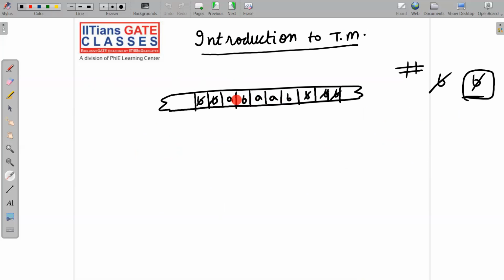So the non-blank portion is finite, but the blank portion is infinite. There are lots and lots of cells here, or rather we should say infinite cells. These are all blank.